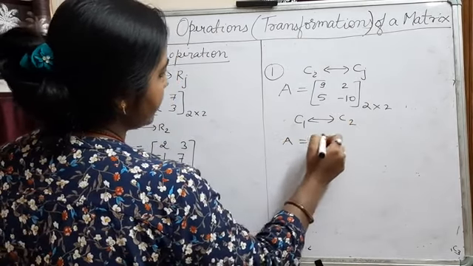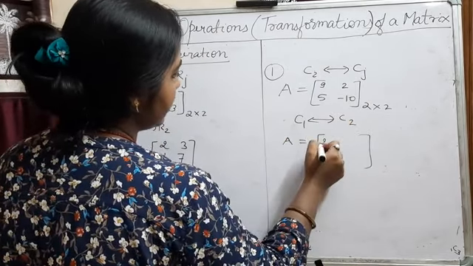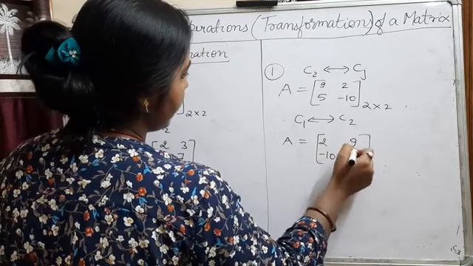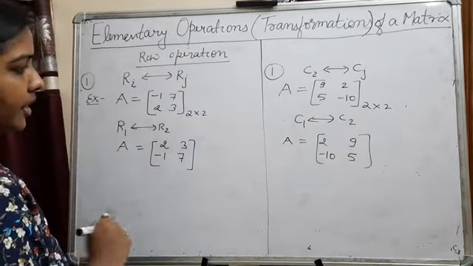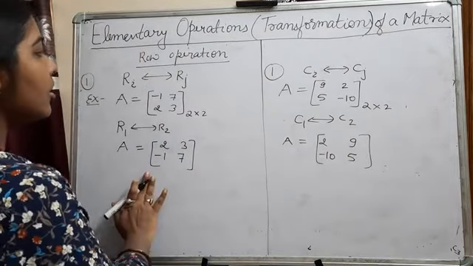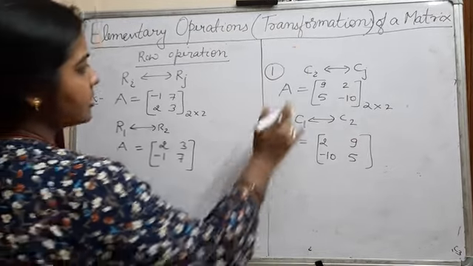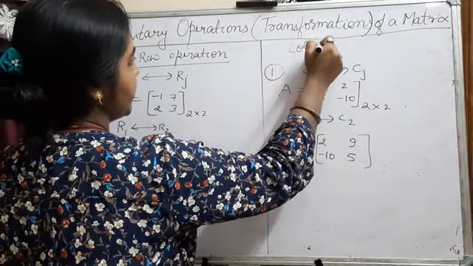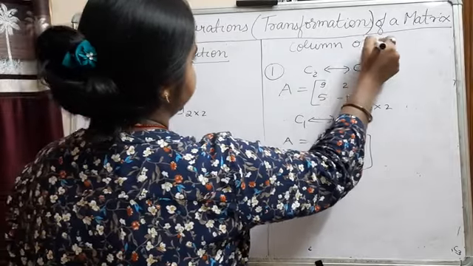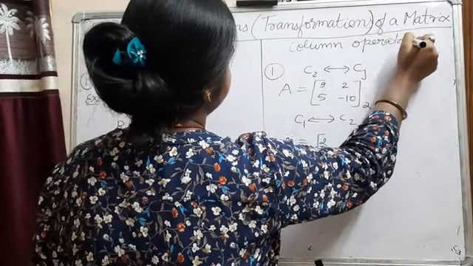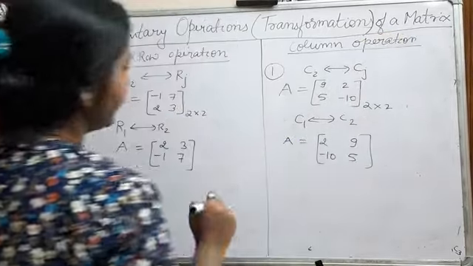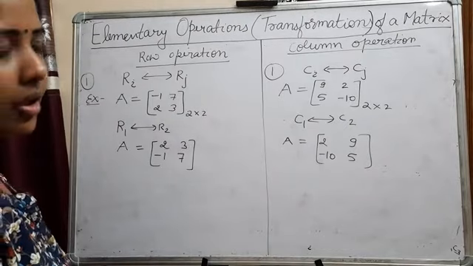So after that we get A as 2, minus 10, 9, 5. This is the first row elementary operation, and this is the first column elementary operation. I think it is clear for you all.